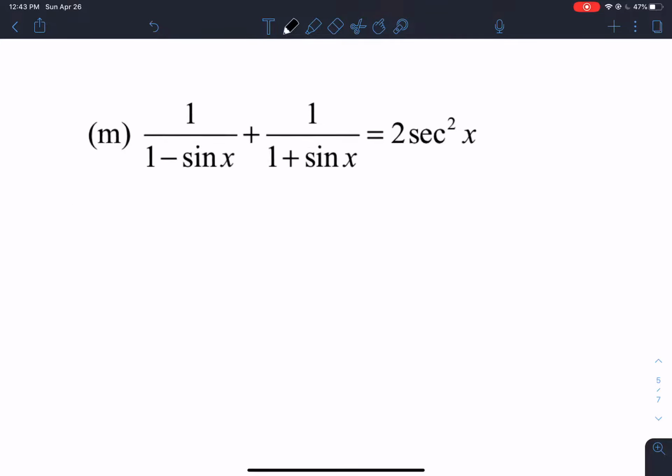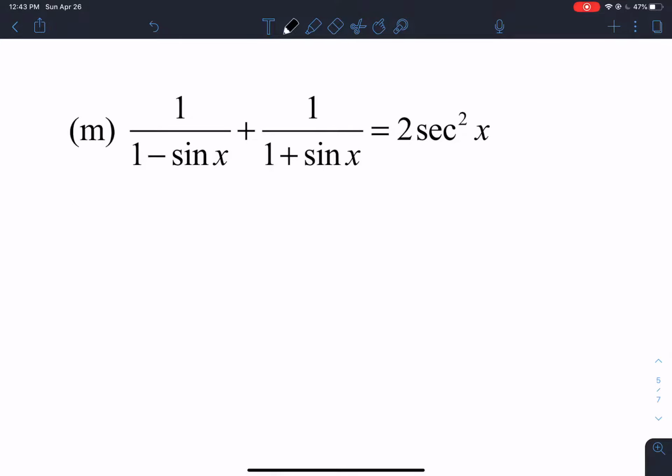All right, and then for letter M, again, we're looking to get a common denominator. So the first one, 1 plus sine over 1 plus sine, and then the second one, 1 minus sine over 1 minus sine. Okay, so what's that give me?